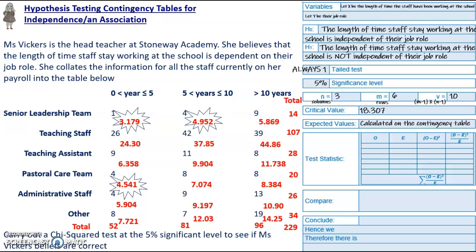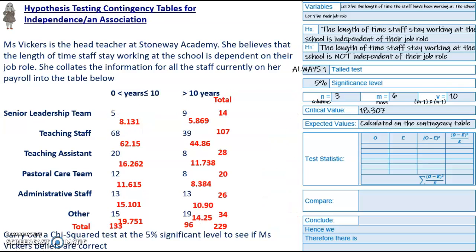However, I think for this particular question, to limit the amount of combinations that I'm doing, the best thing to do will be to combine the 0 to 5 years and the 5 to 10 years columns, making a 0 to 10 and then 10 years plus. So to do this, I am going to take all the values that are in my 0 to 5, and that's my observed and my expected values, and I'm going to add them to all those values in the 5 to 10 years column.